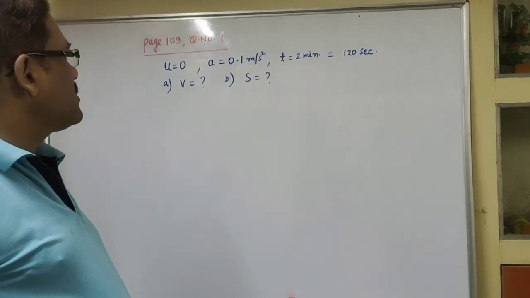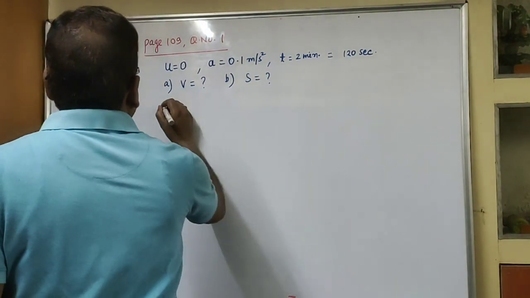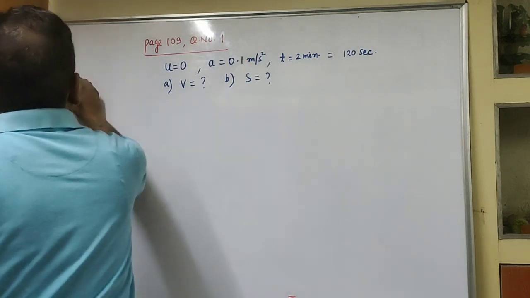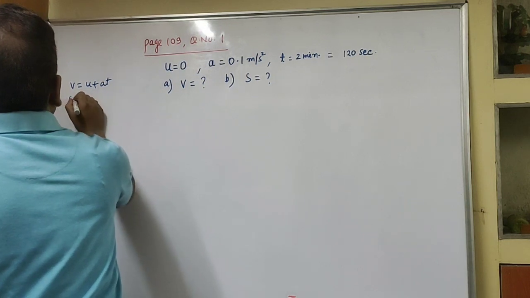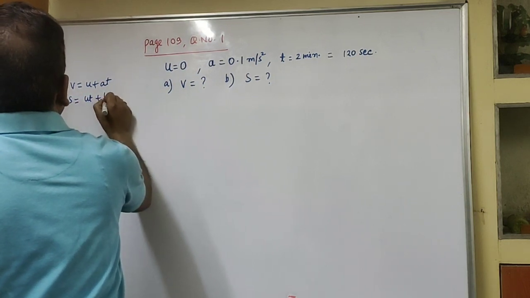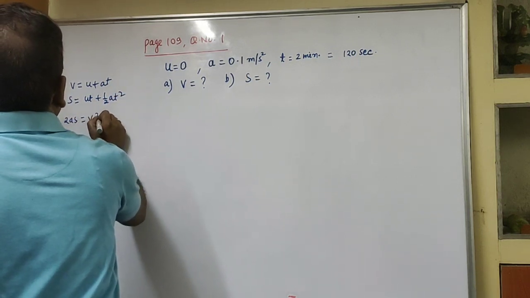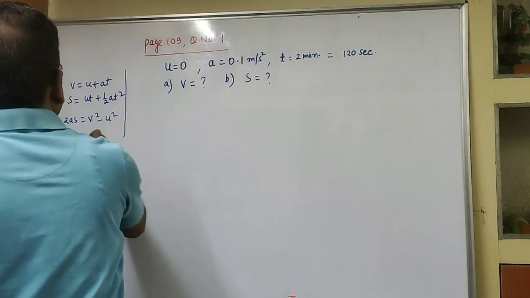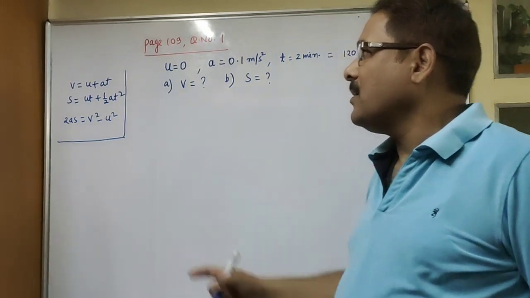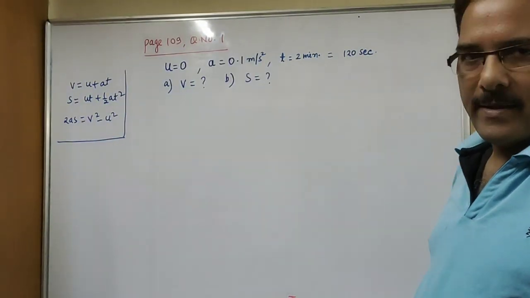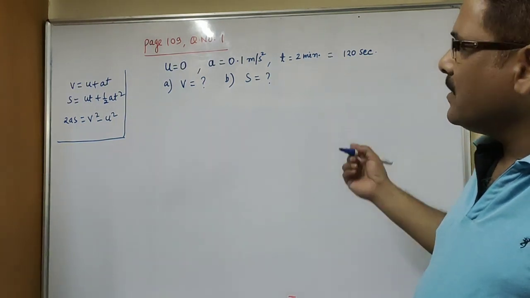So first we will calculate final velocity. There are three equations of motion. The equations are v is equal to u plus at, s is equal to ut plus half at square, and 2as is equal to v square minus u square. Now you have to decide what are the given things and which formula out of these three you will apply to find out v and s. u is known to us, a is known to us, and t is also known to us.